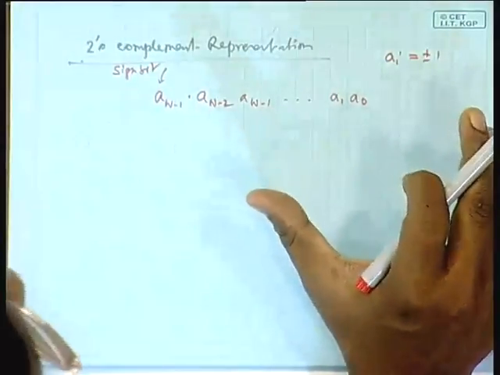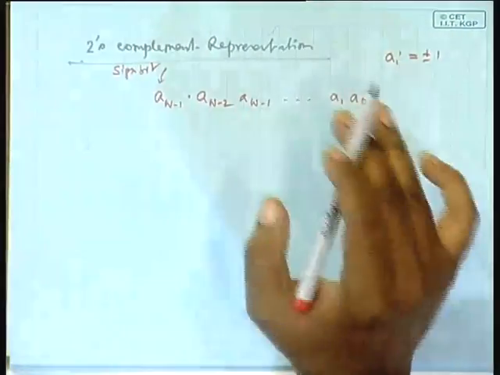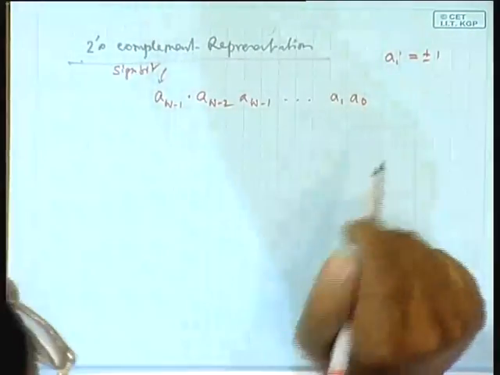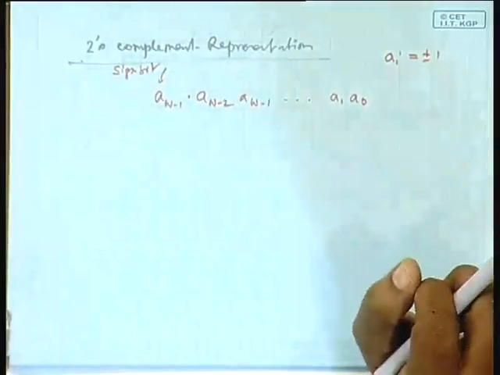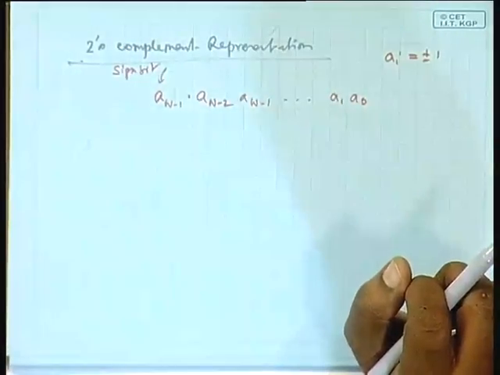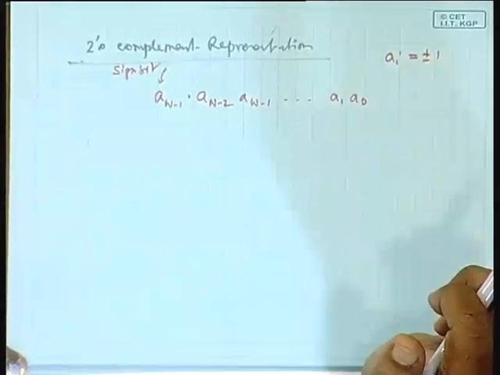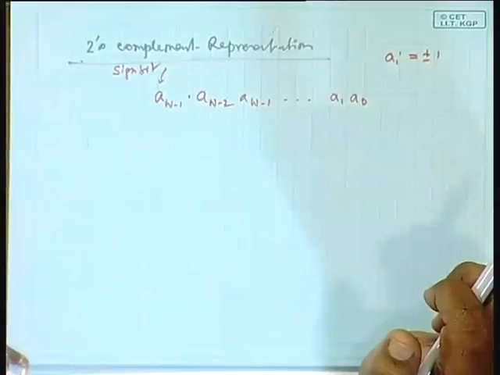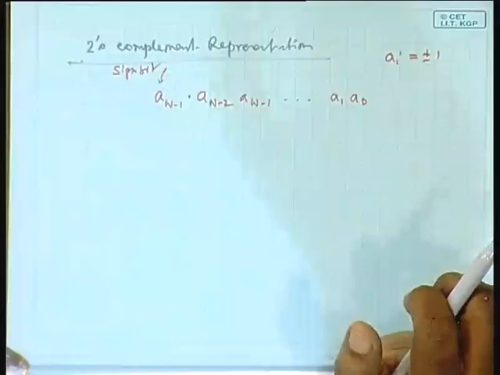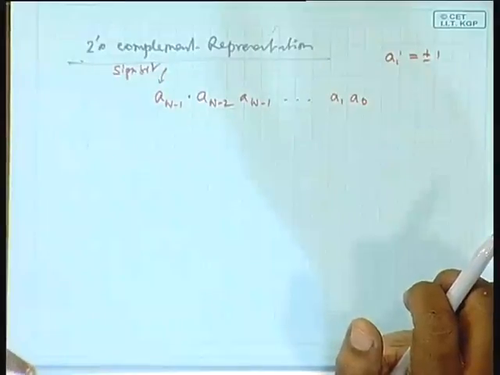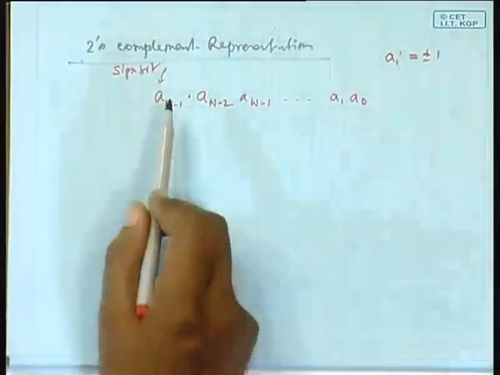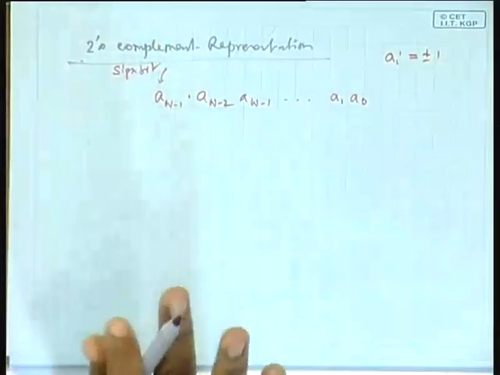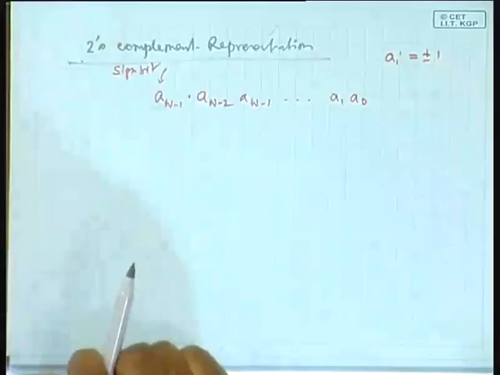Sometimes I will take them as binary, sometimes in the decimal sense. Then in 2's complement, what is the decimal value of this? You have all studied 2's complement. Under the 2's complement representation system, I have not told you whether it is plus 1 or minus 1. A general word is given to you.